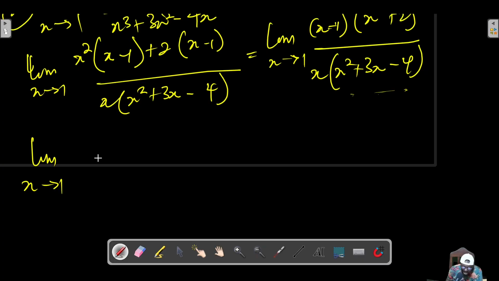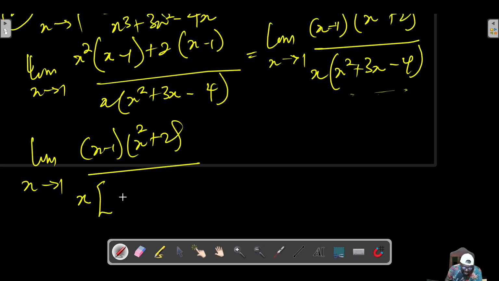So I can write this as the limit of x minus 1, x squared plus 2, divided by x, multiplying x squared plus 4x minus x minus 4, as x is approaching 1.